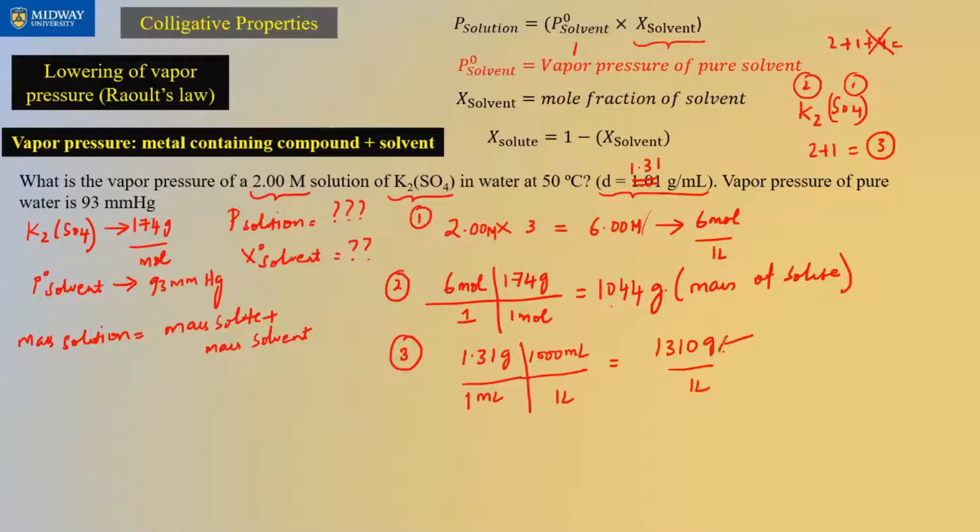Now this is the mass of solution. Mass of solvent is what we need. So that'll be 1310 minus 1044, which is 266 grams, the mass of solvent.